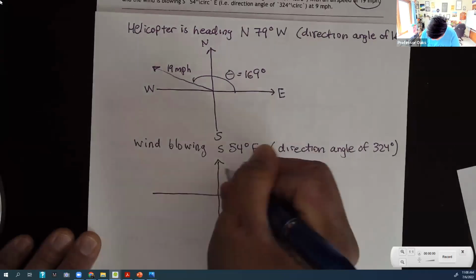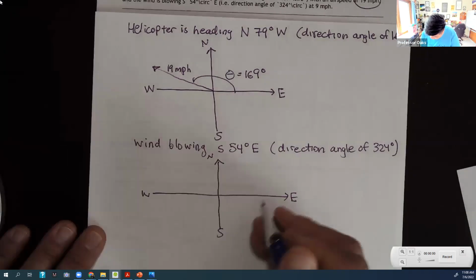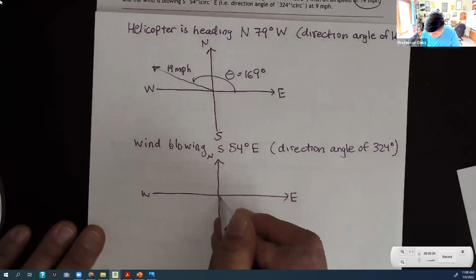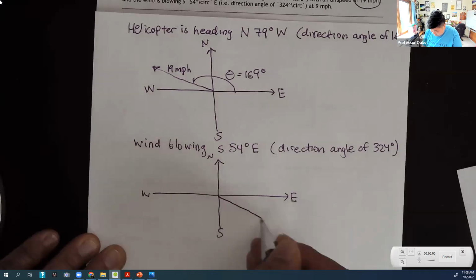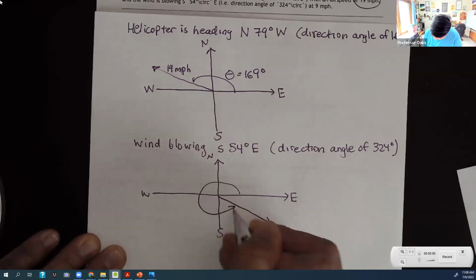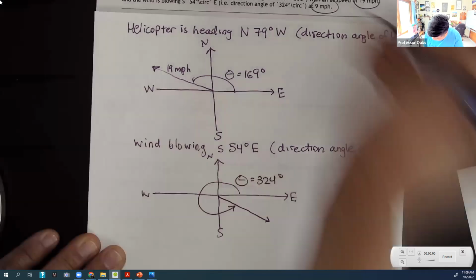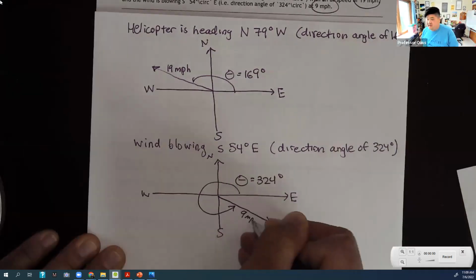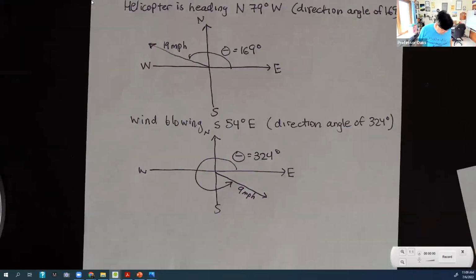North, south, east, west. You're over here, and you're 54 degrees that way. So this here is theta equals 324 degrees, and this is 9 miles per hour.